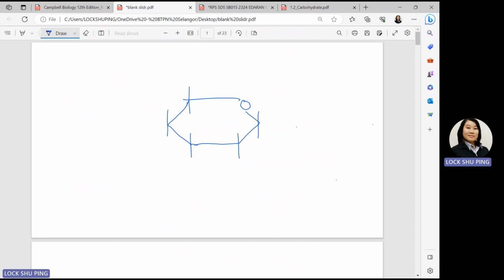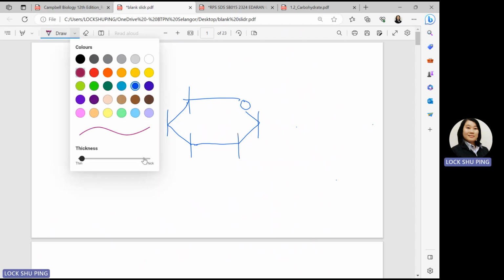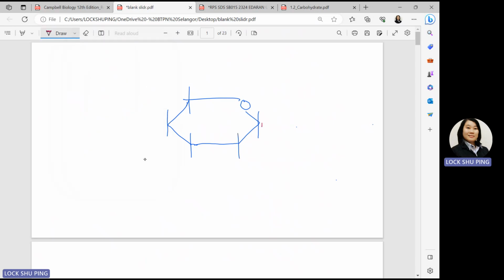You can see that I use different colors here. We have carbon number 1, carbon number 2, carbon number 3, carbon number 4, and carbon number 5. However, all of us know glucose is a hexose, meaning that it has 6 carbons.